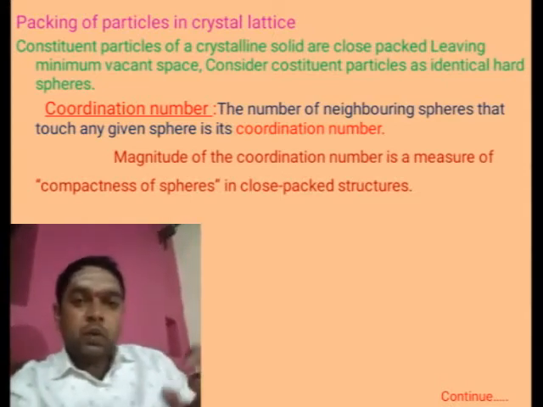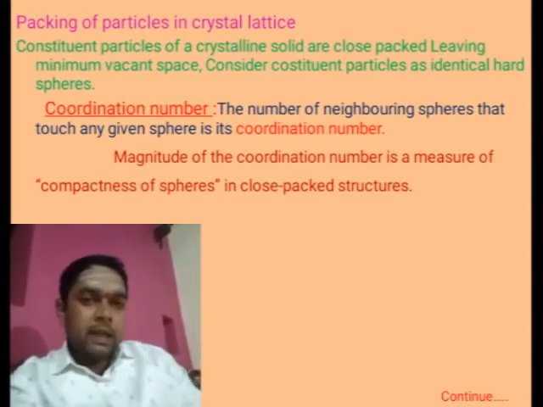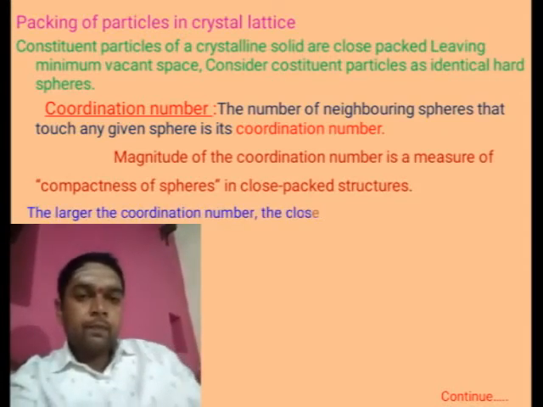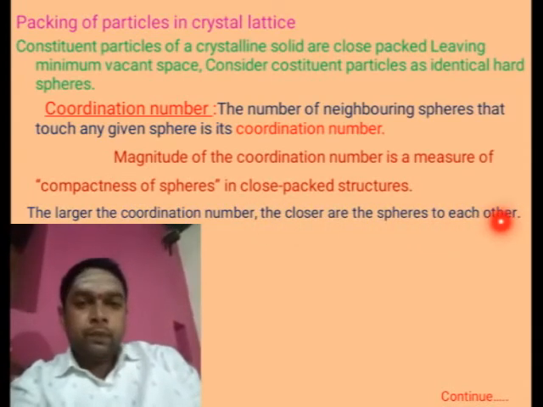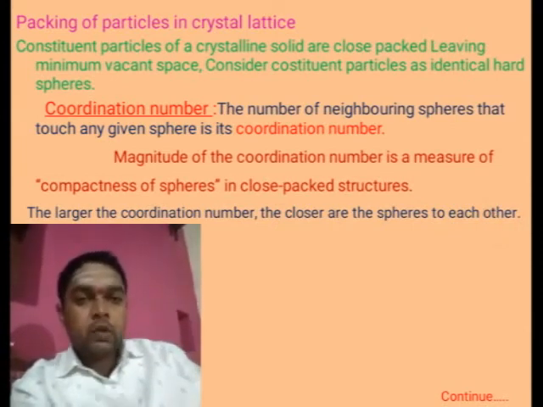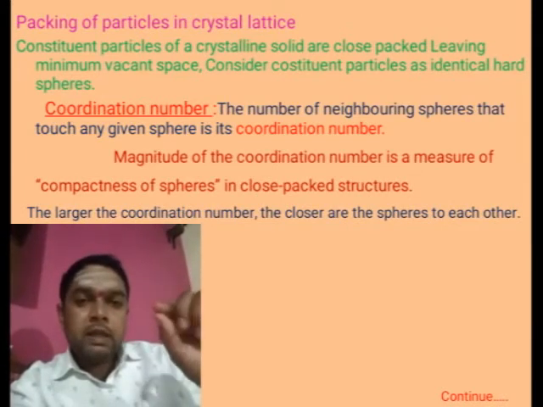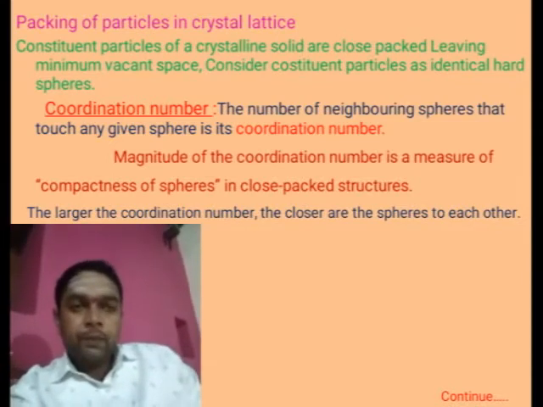How uniformly the solids are packed in their crystal lattice is calculated by using the coordination number. The larger the coordination number, the closer the spheres are. If the coordination number is maximum, then the closeness of the particles is maximum, and the empty space is very small.